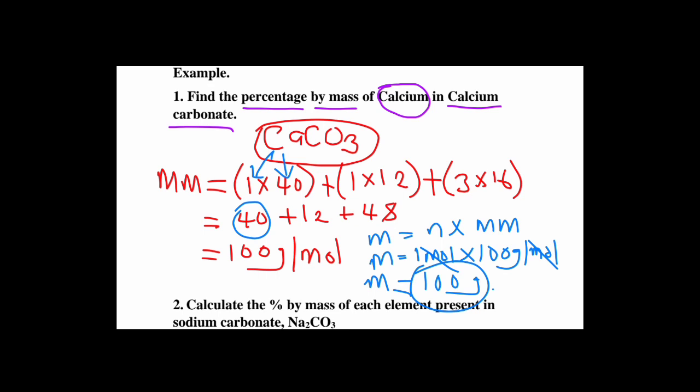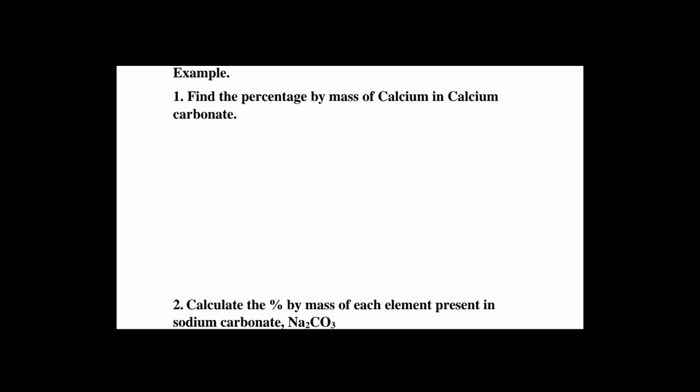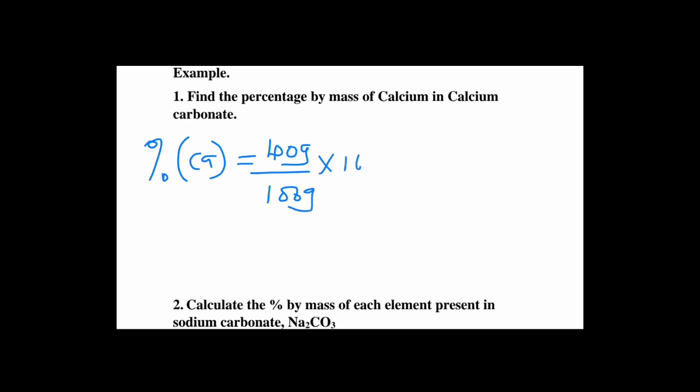Therefore, to convert this 40 to a percentage, the percentage by mass of calcium will be equal to 40 grams over 100 grams times 100%.